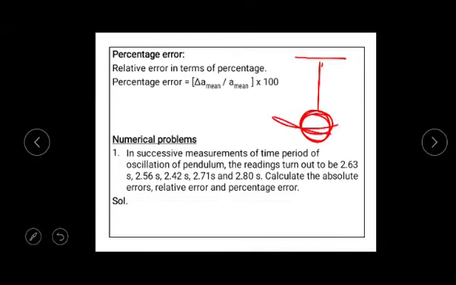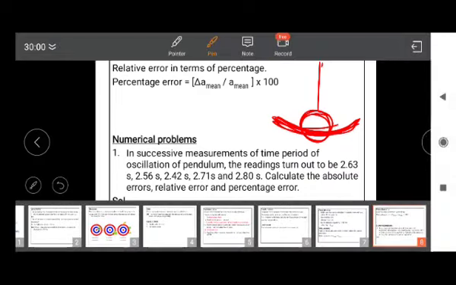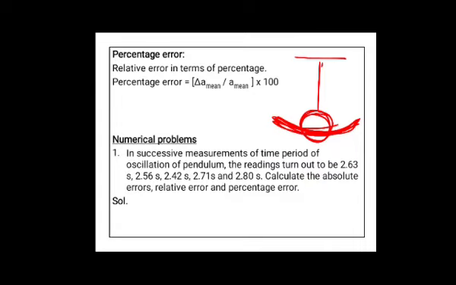Now allow it to oscillate, like this it will oscillate. So you have to find out the time. The readings turn out to be 2.63, 2.56, 2.42, 2.71 and 2.80. Calculate absolute errors, relative error and percentage error.